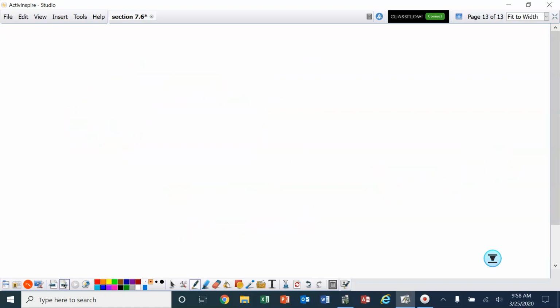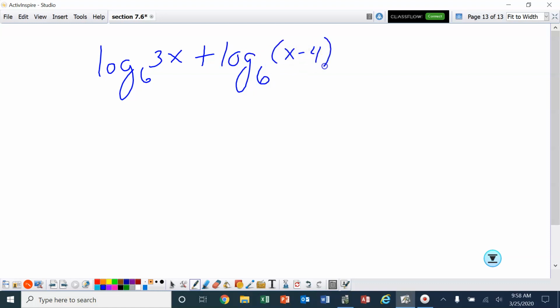All right, let's keep going here. Let's do one that has a little bit more to it. Let's say we have log base 6 of 3x plus log base 6 of x minus 4 equals 2. Again, what do you notice? You notice that the bases are the same.